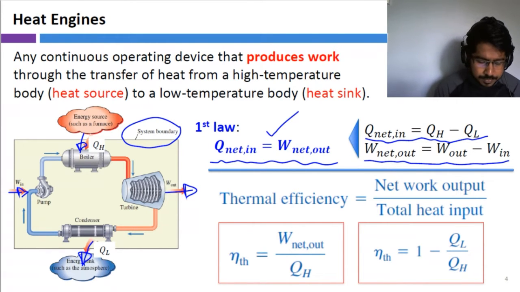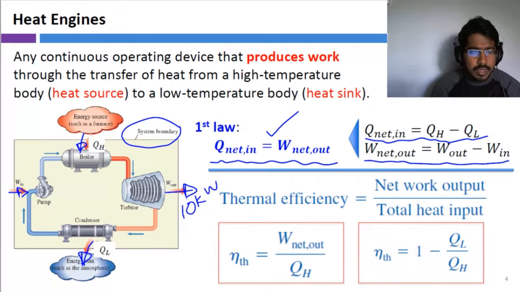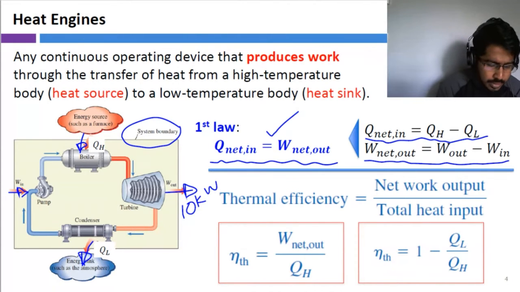For an example, let's say this turbine can generate 10 kilowatts, right? And then work input is 1 kilowatt.